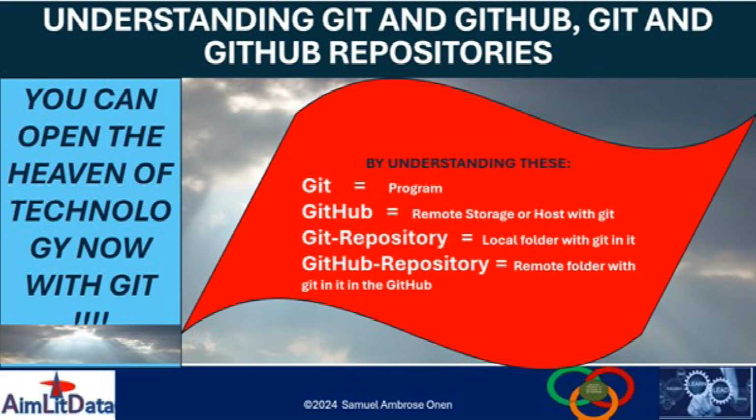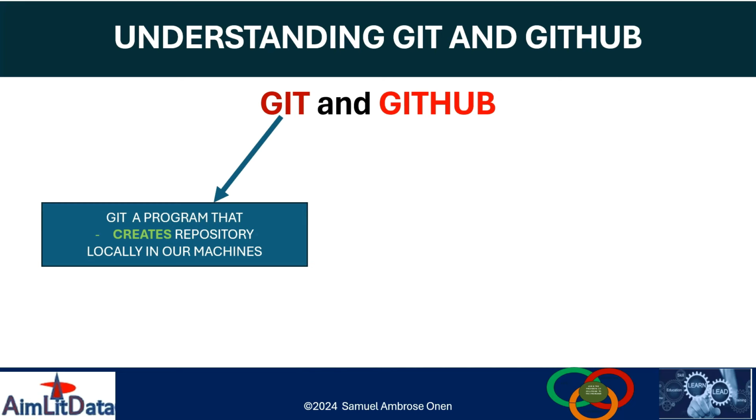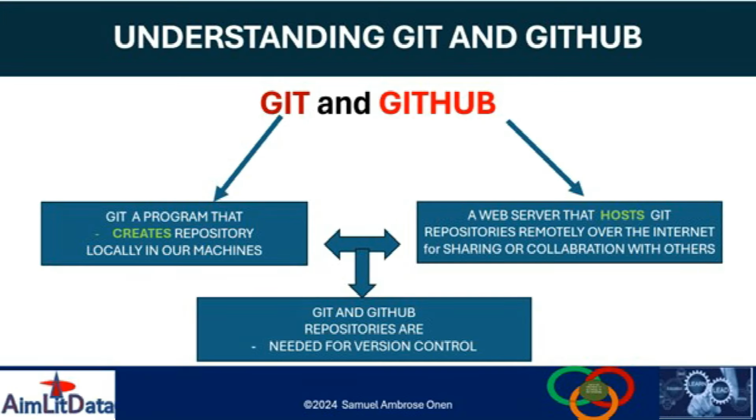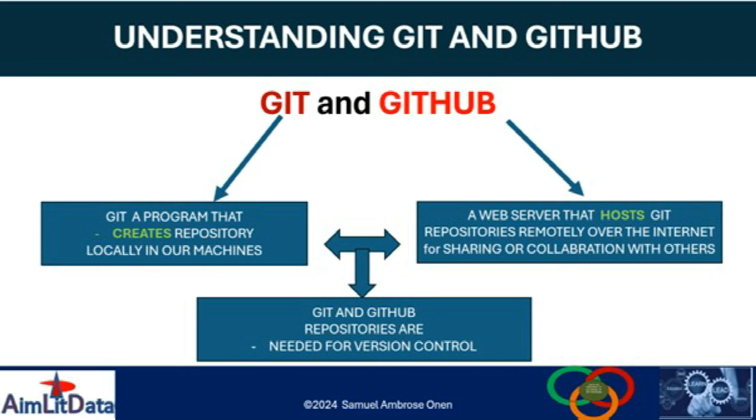But the difference is that Git is a program that creates repositories locally on your machine, but GitHub is a web server that hosts Git repositories remotely over the internet for sharing or collaboration with others.